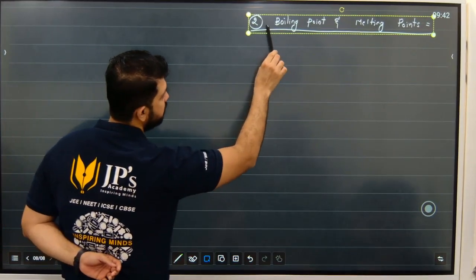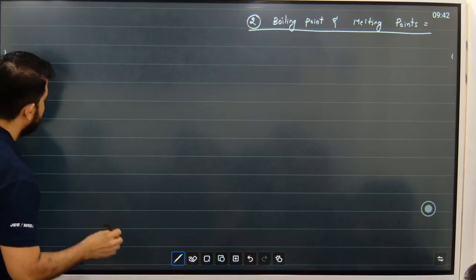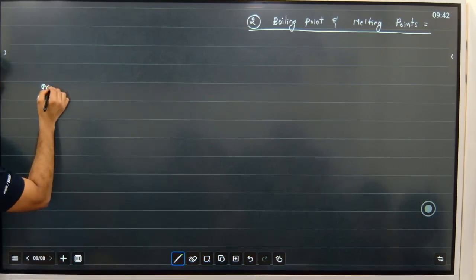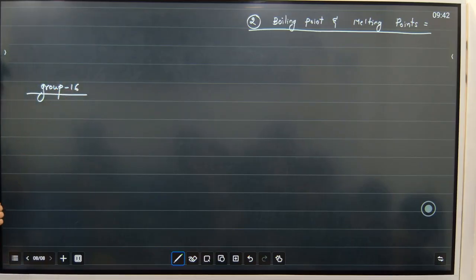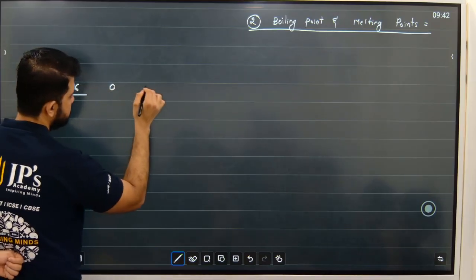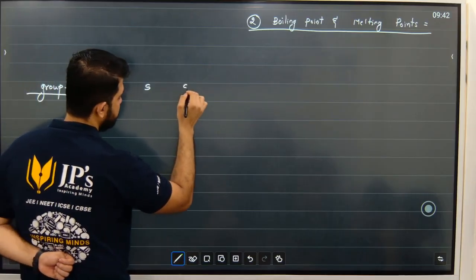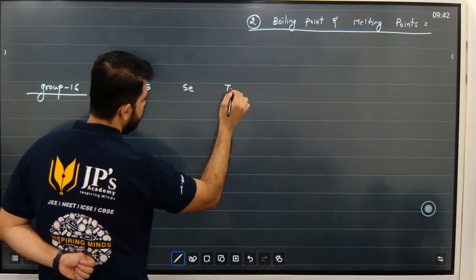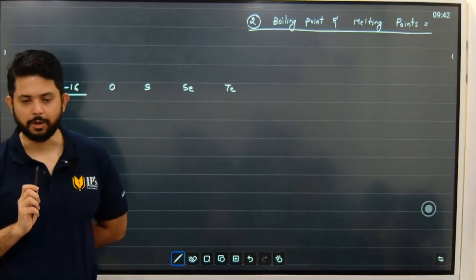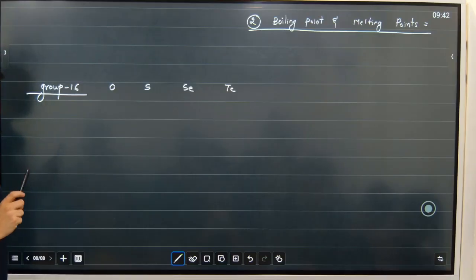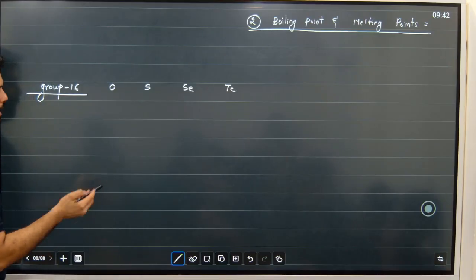If I consider group 16 elements, can someone give me elements of group 16? Oxygen, sulfur, selenium, tellurium, polonium. Okay? Now, if I consider hydrides of group 16, they're compounds with hydrogen.